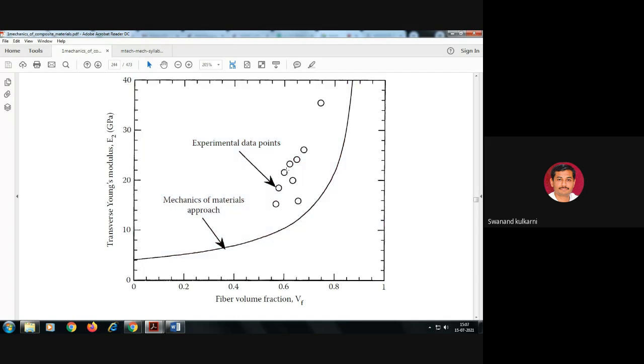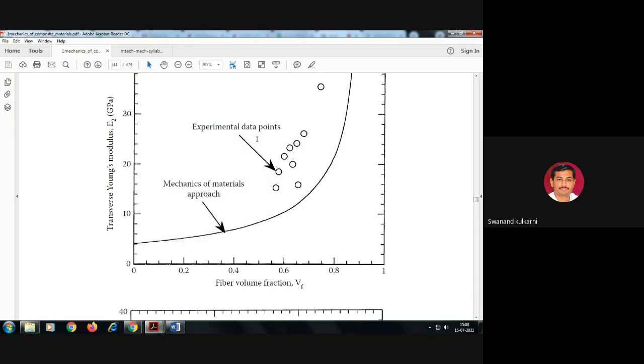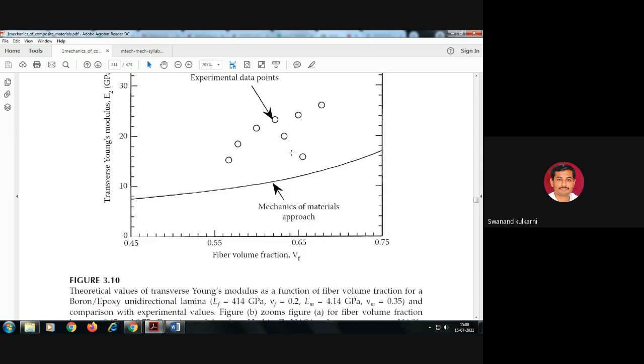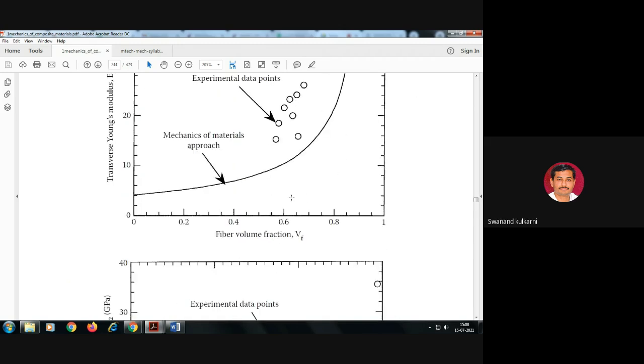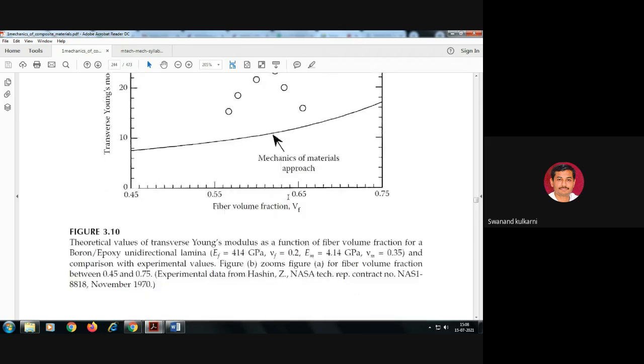And that's why, when experimental results are validated with reference to this theoretical model, we should understand what percentage of difference is coming here. Likewise, here also is the fiber volume fraction VF. In the first case, the theoretical value of transverse modulus as a function of fiber volume fraction for a boron epoxy unidirectional lamina, and that comparison has been carried out. In the second figure, both figure A and figure B are there.